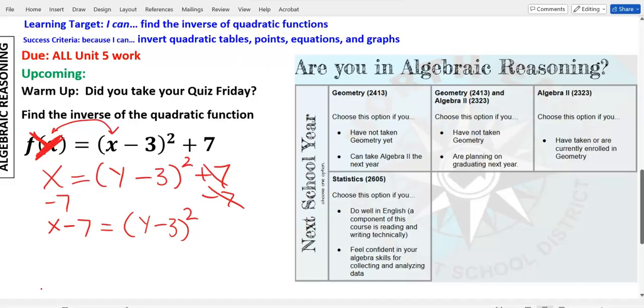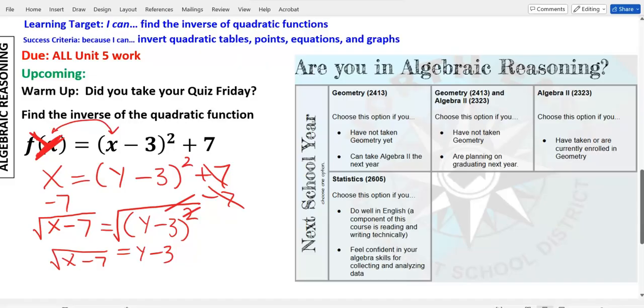Whenever you're trying to get rid of a little 2 squared, you got to do the square root, the radical sign. So again, to get rid of a square, take the square root of the whole thing. And then the other side is also square root, the whole thing. This square and square root on the right side are going to cancel out. So now you just have y minus 3 equals square root of x minus 7.